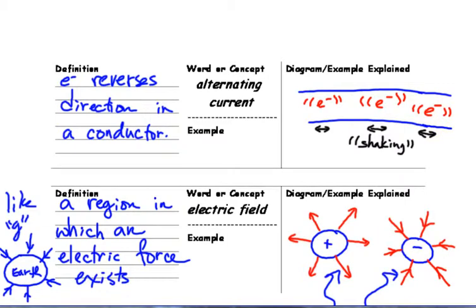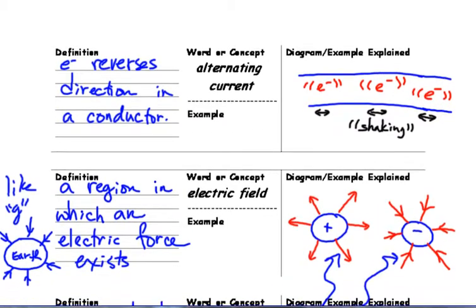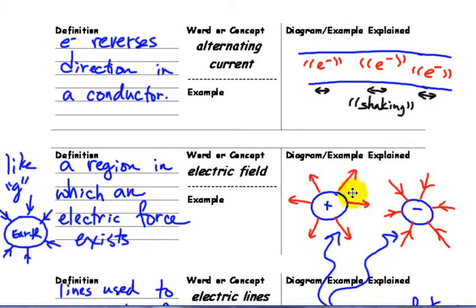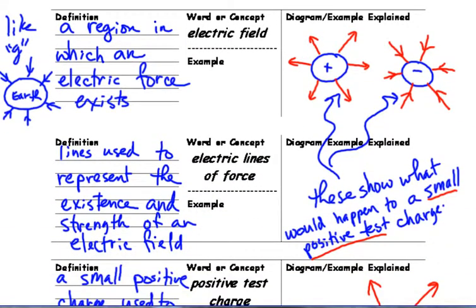Alternating current: electrons reverse direction in the conductor, so you can almost think of them as shaking back and forth, giving off energy. Electric field lines: a region where an electric force is experienced, just like around the Earth, we experience a force due to gravity that pulls objects inwards towards the Earth itself. The electric lines of force are used to represent the existence and the strength of the electric field.